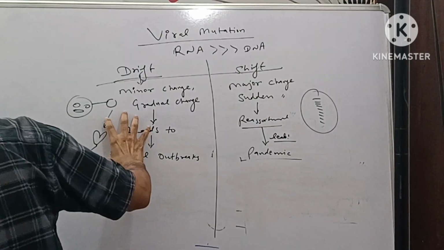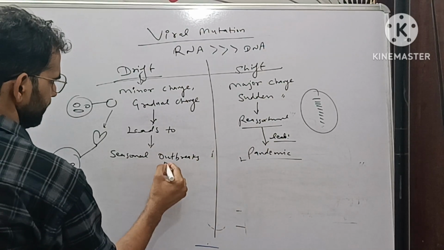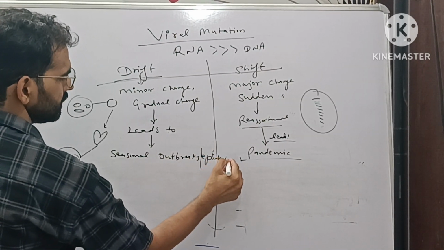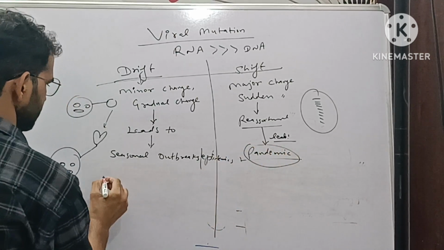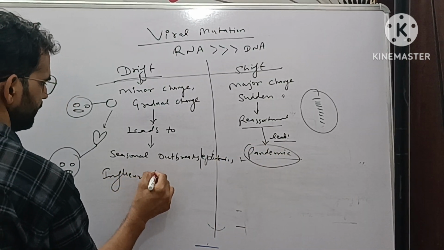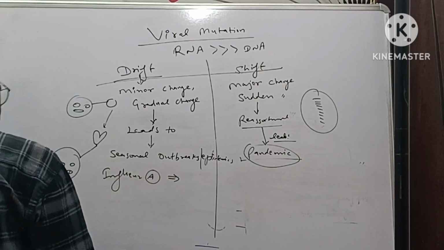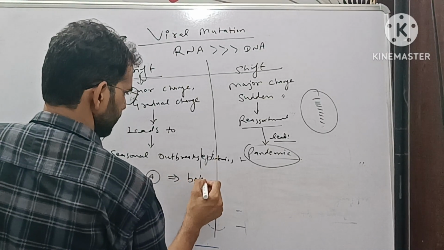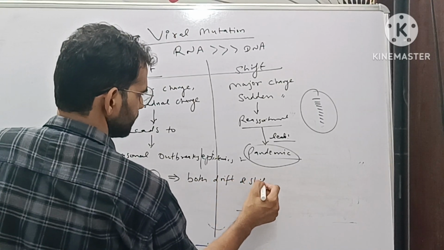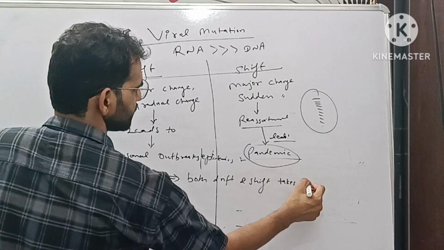So these seasonal outbreaks or epidemics and these sudden pandemics occur in influenza type A. In influenza virus type A, both drift and shift take place.